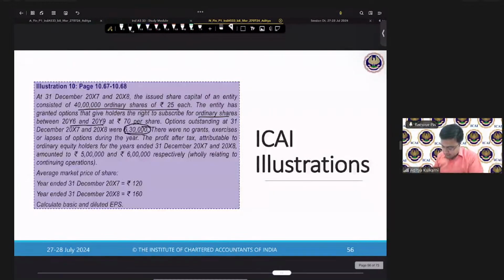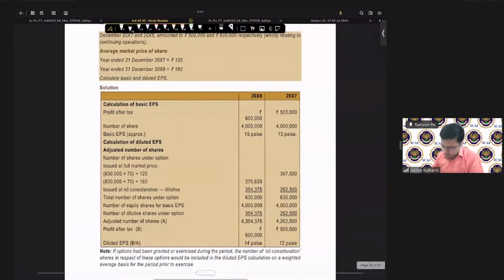The market price the previous year is 120. So 630 into 70 by 120, 3,67,500. That means the dilutive shares is 2,62,500 for the previous year. And for the current year at 160, your fair value is 2,75,000. So this comes to 354,375. So this is your balancing figure, the dilutive one.